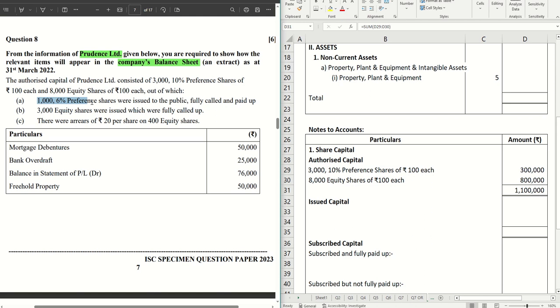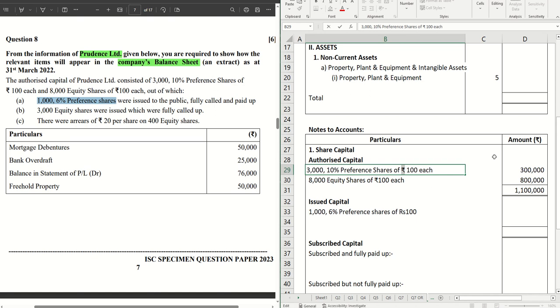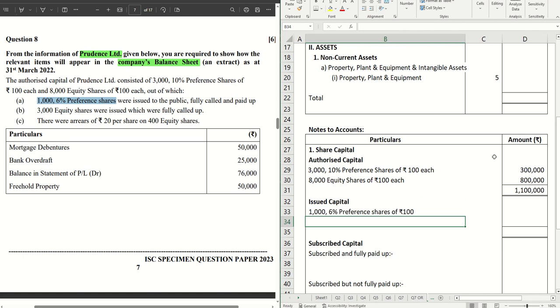So under issued capital, we will mention 1,000 6% preference shares of rupees 100 each, and we will copy the symbol here. So that comes to straight away 1 lakh.